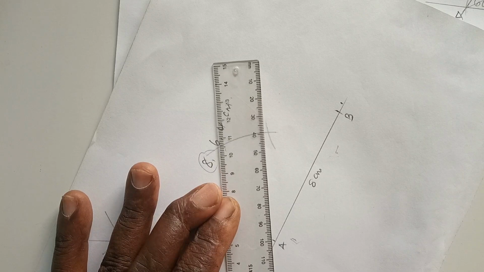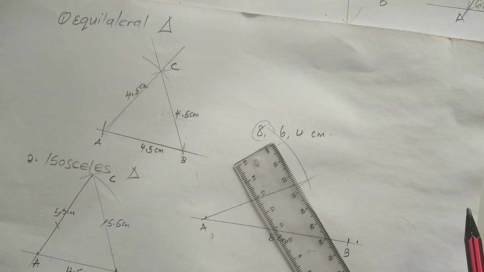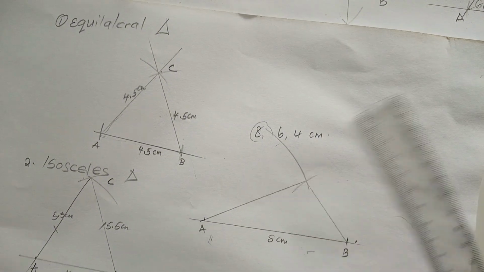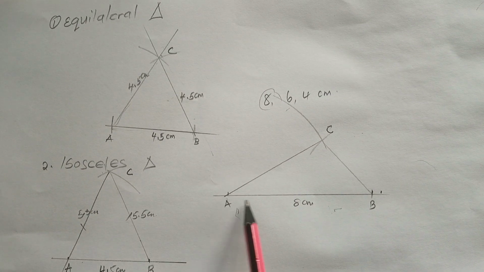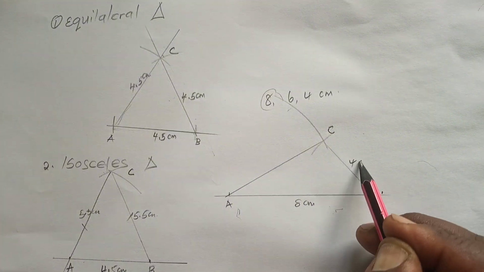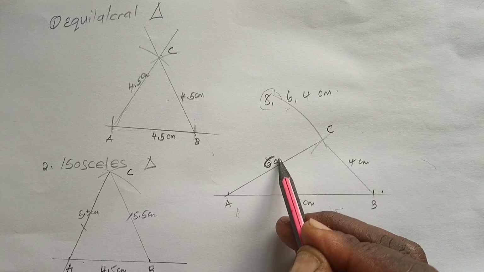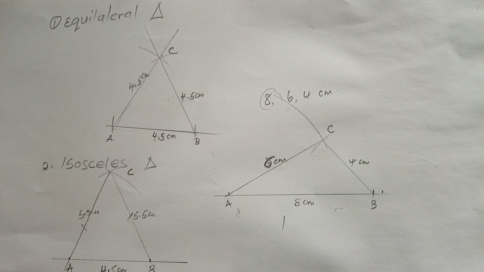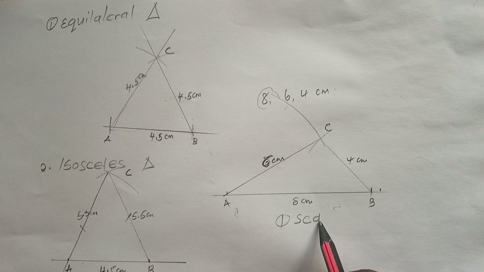This one is going to be joined to that one, and this other one, we can join from this point here, and then we can call our point C. This is 8 centimeters, this is 4 centimeters, this is 6 centimeters, and this is called a scalene triangle.